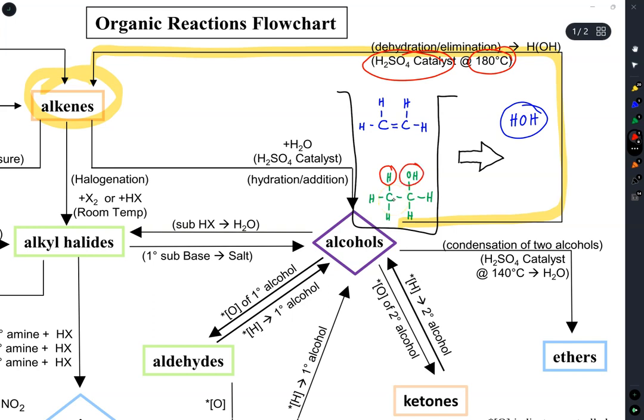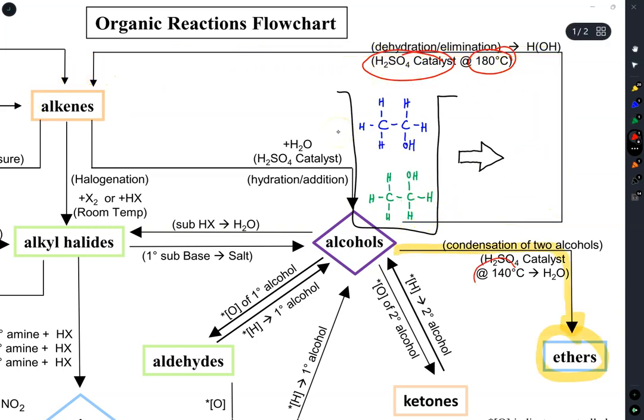H and OH pop out, bonds collapse, producing a double bond and your alkene. So that's weird. I'm adding sulfuric acid and heat and getting one type of reaction. But if I do the same thing down here, heat and sulfuric acid, water also pops out, but now I form an ether instead.